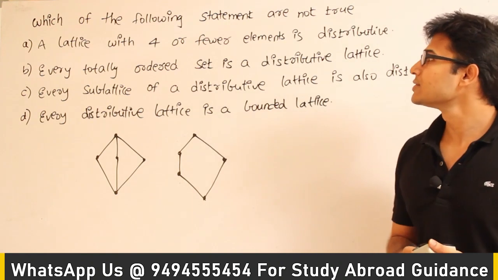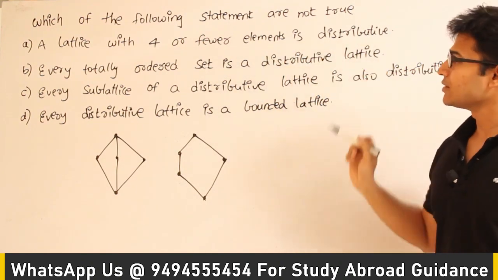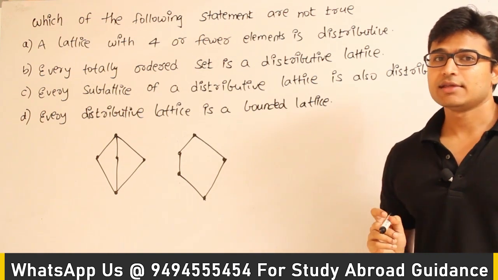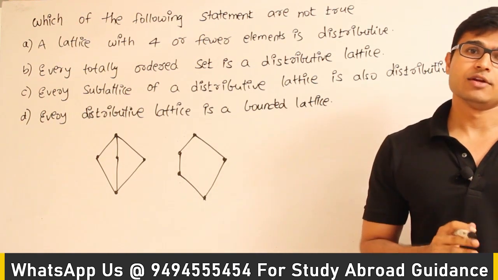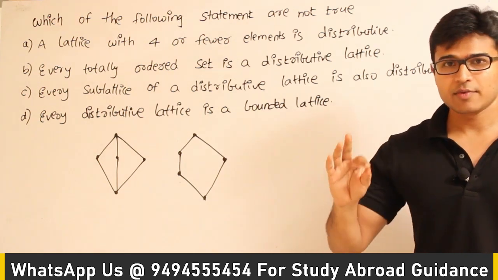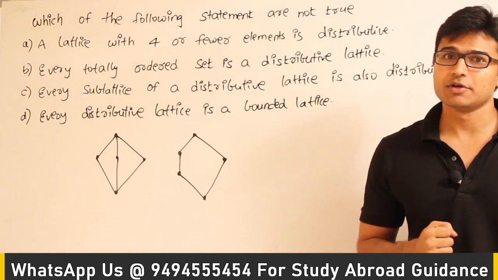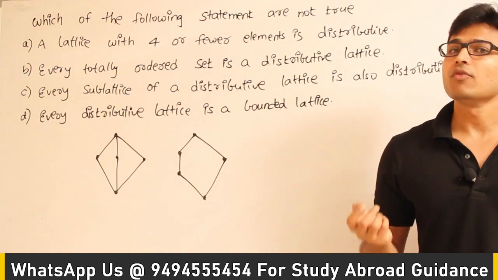Okay, now say this, a lattice with 4 or fewer elements is distributive. So they are saying that if you have either one element or two elements or three elements or four elements in the lattice, it is distributive. It is true. Why?